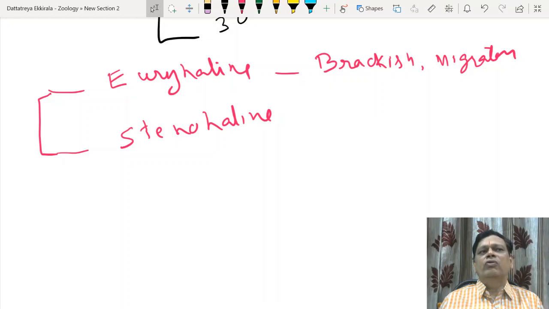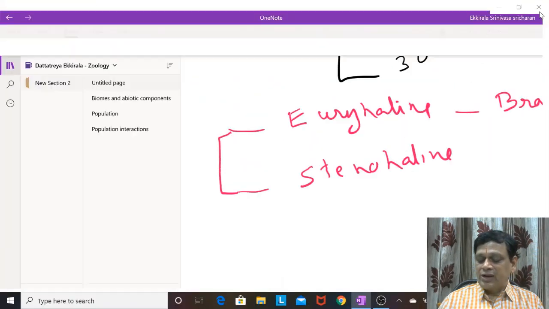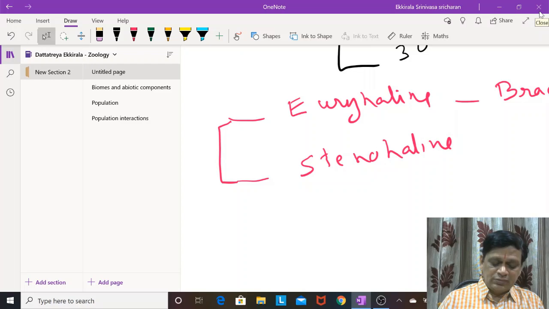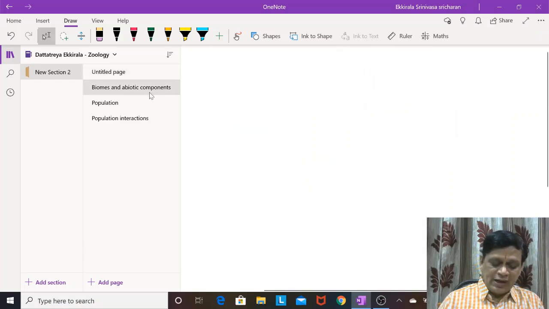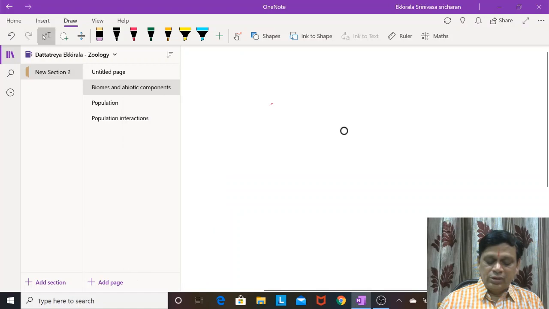So for conserving water, they have to show different adaptations. Adaptations present in marine is different from freshwater, because marine forms, they need to conserve water like terrestrial forms, whereas freshwater forms have to see that salts are not allowed to be lost to the environment.